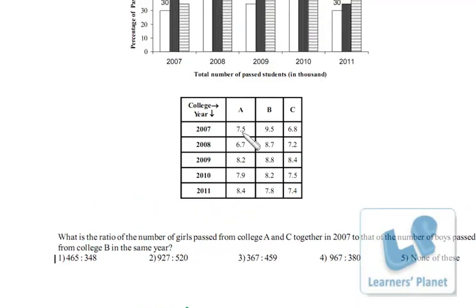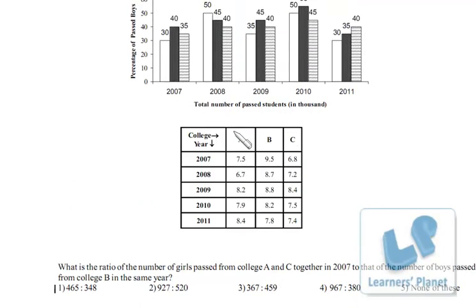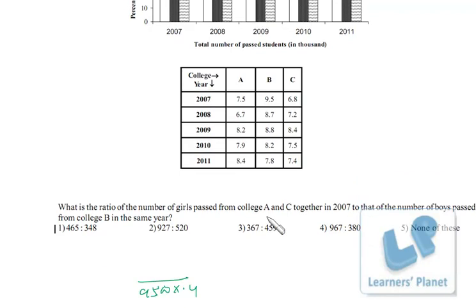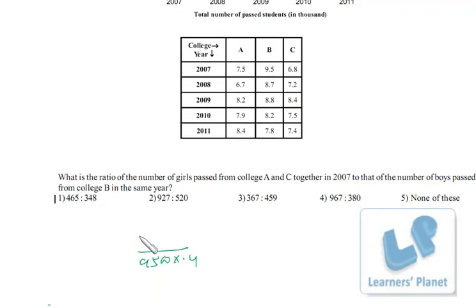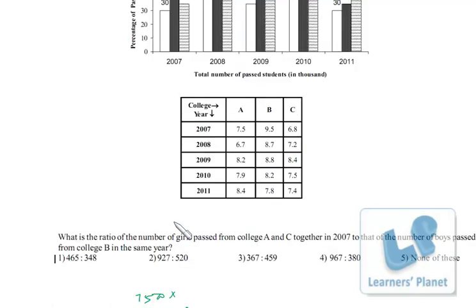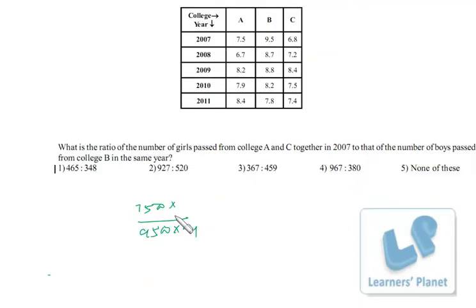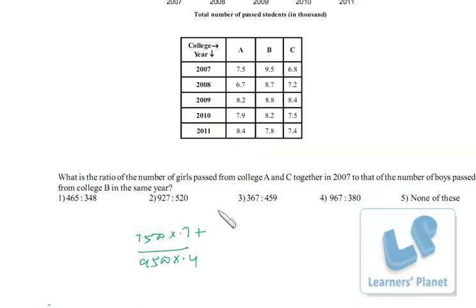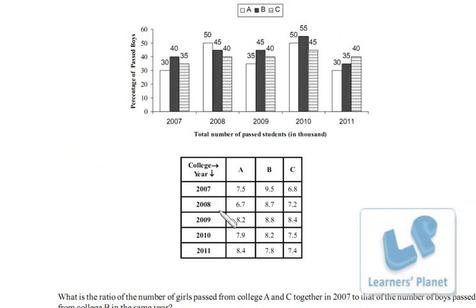Okay, and girls passed from college A. College A, total number of students 7,500, and boys 30%, that means girls are 70%. So 7500 into 70, plus college C. College C is 6.8 thousand.